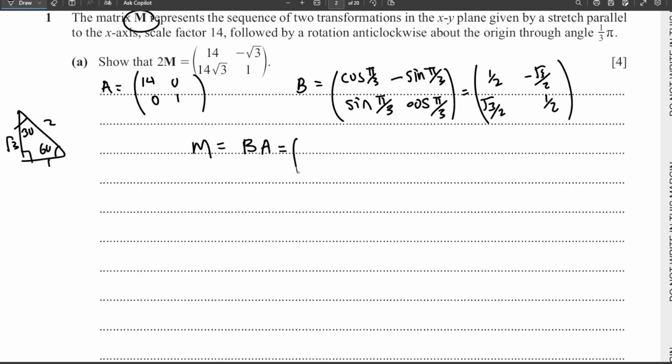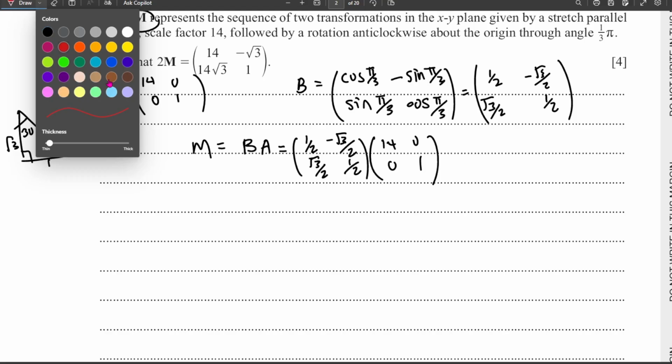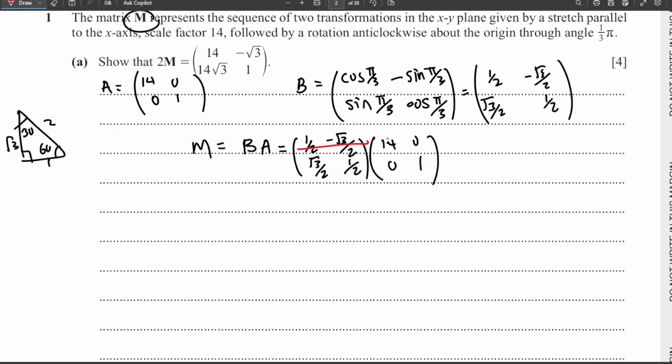So B is 1 over 2, negative square root 3 over 2, square root 3 over 2, 1 over 2, multiplied by 14, 0, 0, 1. For matrix multiplication, if you forget, we take the row and then the column. So for the first entry, 14 times half is 7, and square root 3 over 2 times 0 is 0, so there's just 7 in the first entry.